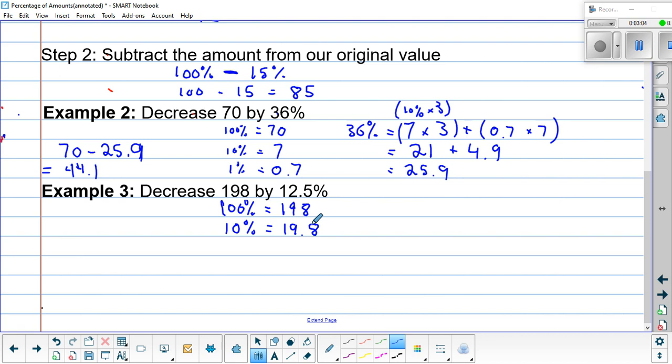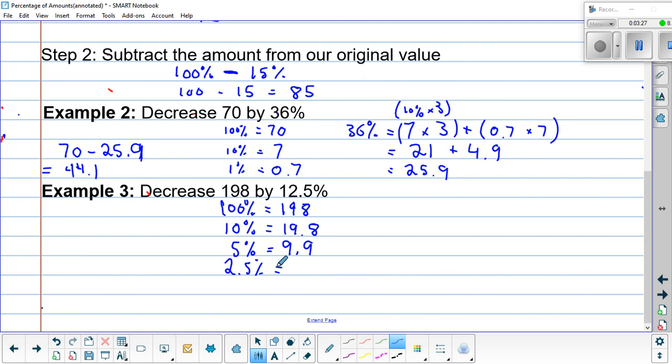So here, I know I want 12.5, so I'm going to find what 2.5 is. So I have to half 19.8. Well, that's almost 20. Half of 20 is 10, right? So it's going to be 9.9. And then for 2.5%, I've got to half this.